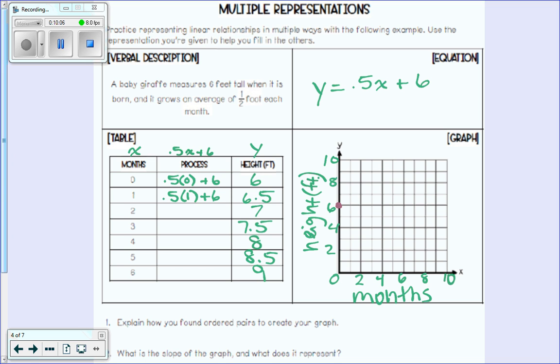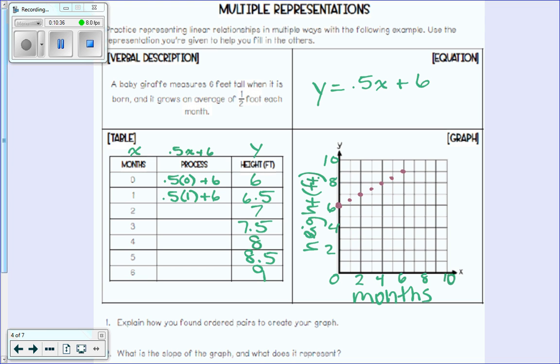At 1 month, 6.5. 2 months, 7. 3 months, 7.5. 4 months, 8. 5 months, 8.5. 6 months, 9.